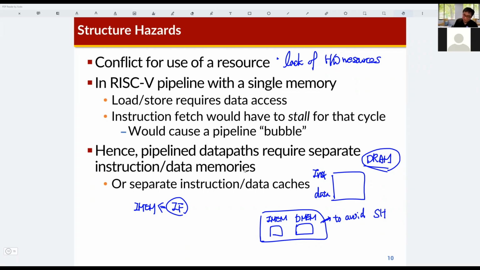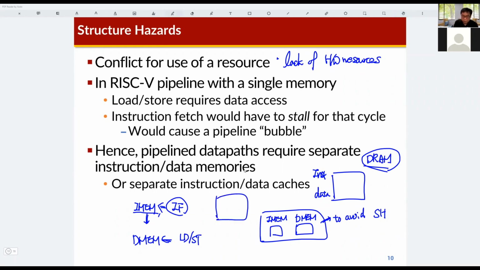So for every cycle, the instruction memory is accessed. But how about the data memory? The data memory is accessed by load and store instructions, right? Only load and store instructions access the data memory.